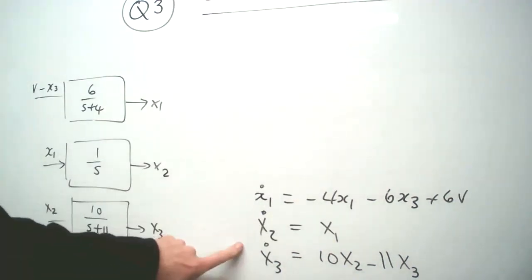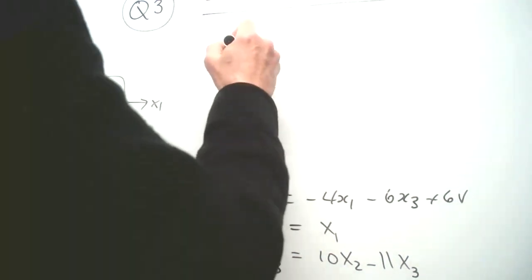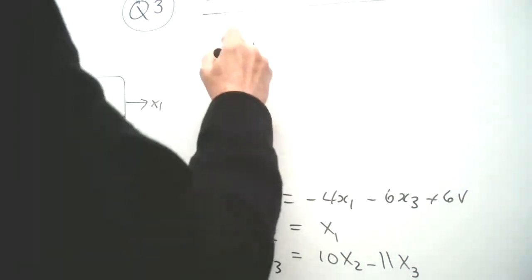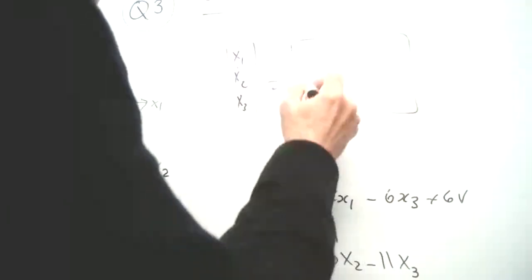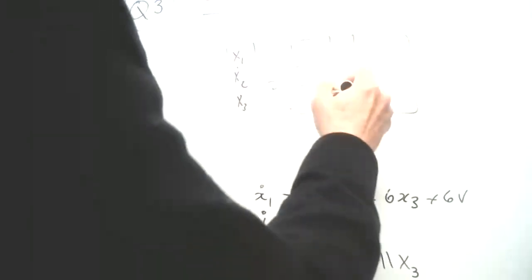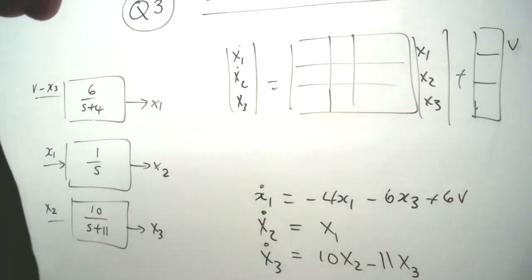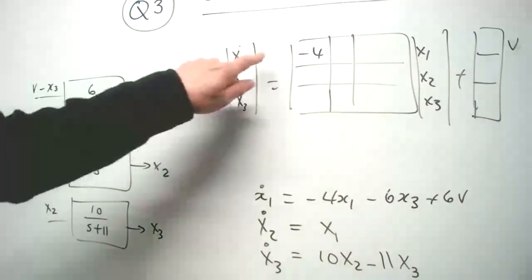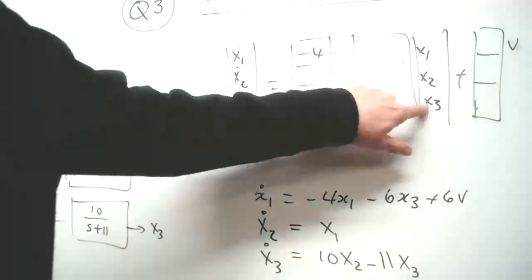And what we do now is write these in matrix format. So we get x1 dot, x2 dot, x3 dot is equal to a matrix times x1, x2, x3, plus a column times V. Now x1 dot is minus 4x1, so the minus 4 goes in there, because x1 dot is that times that plus that times that plus that times that.